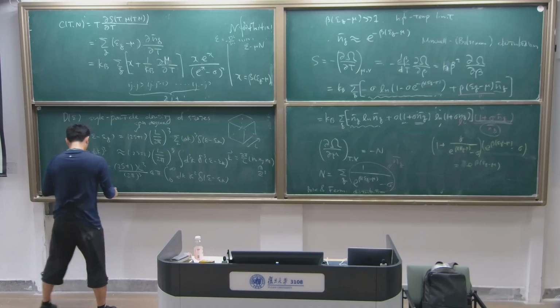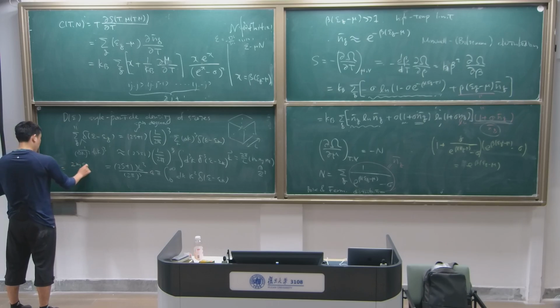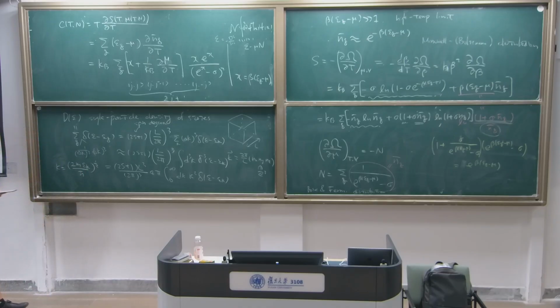And k is essentially the square root of 2m epsilon_k; if you want, you can include h bar.